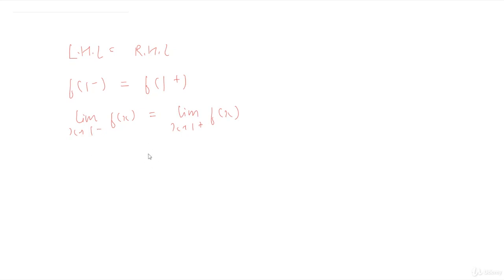Now I will introduce a different notation for the evaluation of a limit. For this LHL, as x approaches 1 minus, or 1 negative, in our case we were writing x equal to 0.9999. So let us say we have x equal to 1 minus h, where h is a very small but positive quantity.